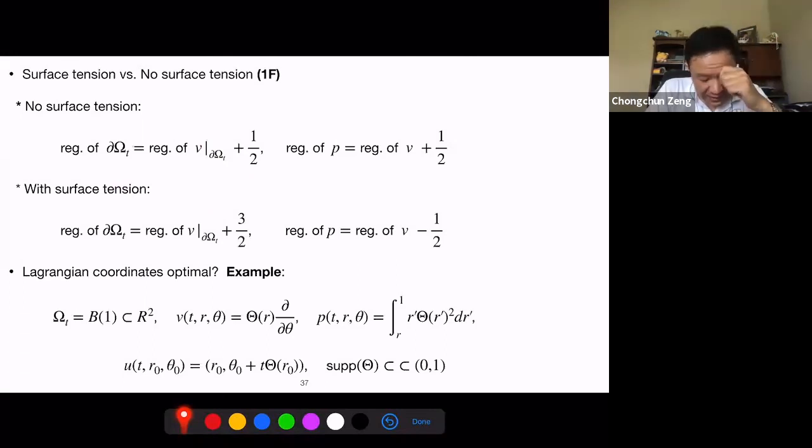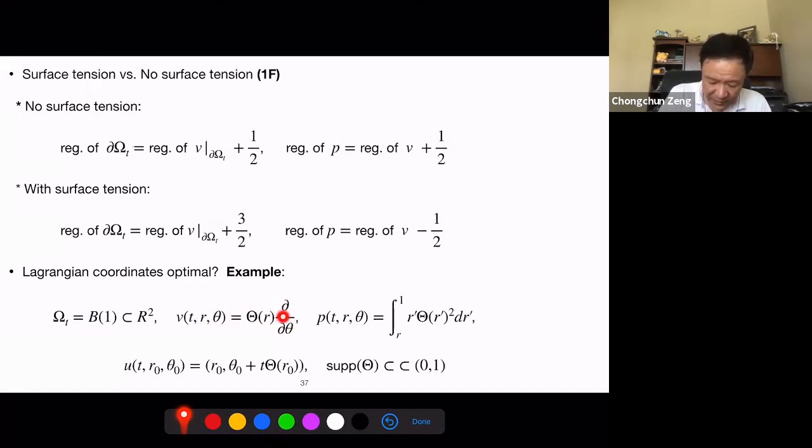And finally, I kept saying that the improvements of the regularity are all geometric. So you get better regularity of the surface of the interface geometrically and not necessarily in the Lagrangian coordinates. Here is an example where the moving domain is actually not moving, it's always a disk, so the boundary is a circle, and this is a rotational vector field.